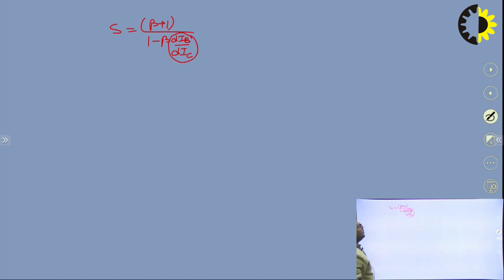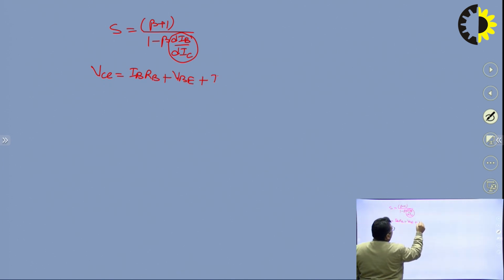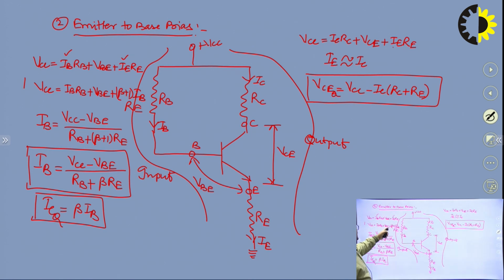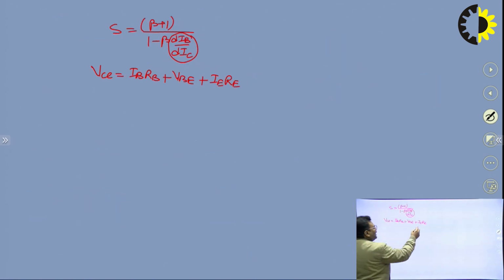For this, what we need is the input side equation, right, and the input side equation was VCC is equal to IB RB plus VBE plus IE RE. And in the previous slide, what we did was change this IE into (beta plus 1) IB, but now here I will break this IE into IC plus IB, right.